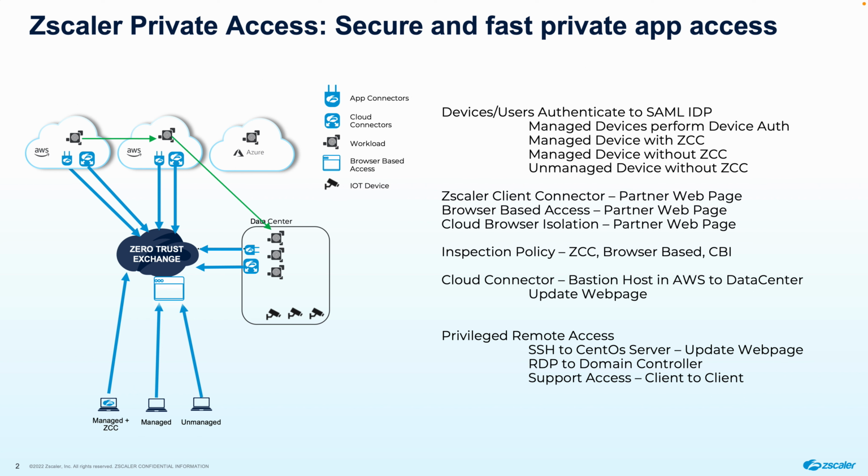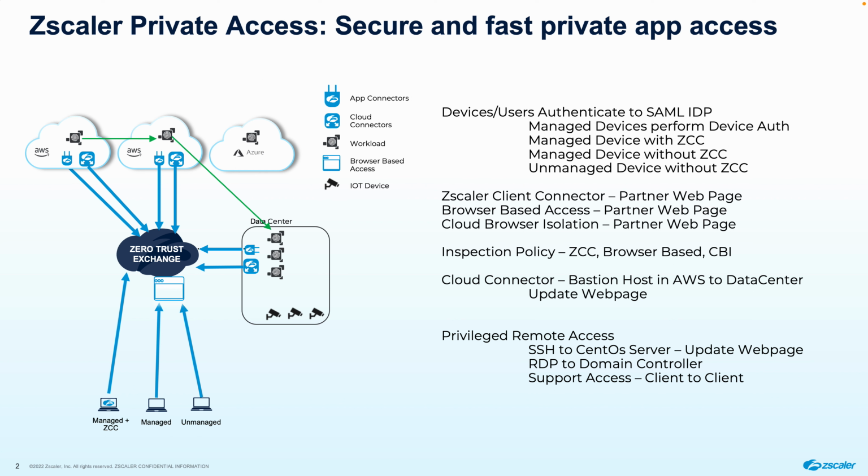I'm going to show it being accessed through the Client Connector, with browser-based access, and with cloud browser isolation, the three different mechanisms there. I'm going to show you an inspection policy, Zscaler Private Access Inspection, covering the OWASP top 10, and how that applies across the different access methods.